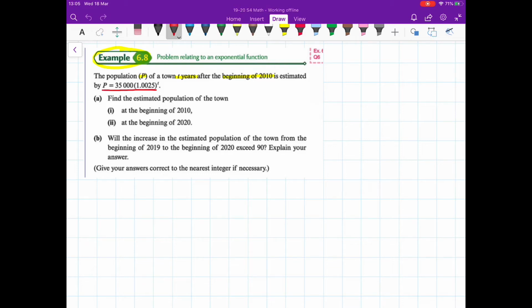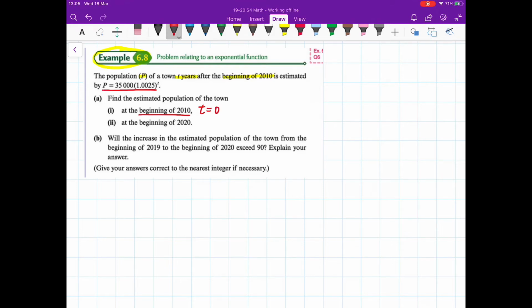So in this question, we have to identify the time. So for A1, at the beginning of 2010, we have to think about what we should substitute for T. Okay, as the question said, T stands for the years after the beginning of 2010.